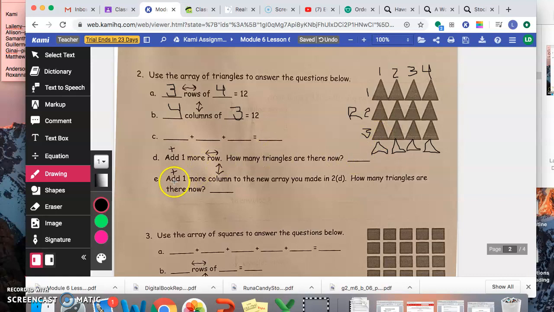Then it says here, add 1 more column to the new array you made. So now they want us to add a column. Columns go what, across or up and down? If you said up and down, kiss your brain because you are correct. So now they want us to draw another column of triangles.